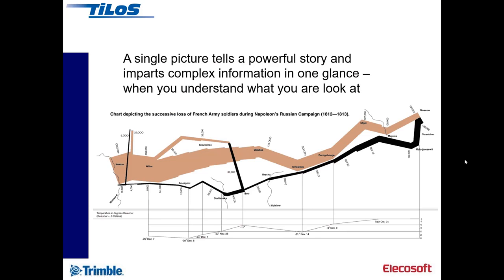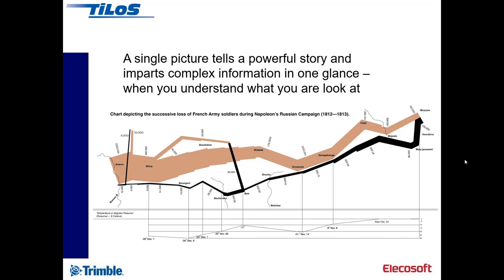And at the heart of the idea of time location planning is that you can see an overview of the project and at a glance you can understand a very complex system. So this is a historical but classic example of something that conveys that information.